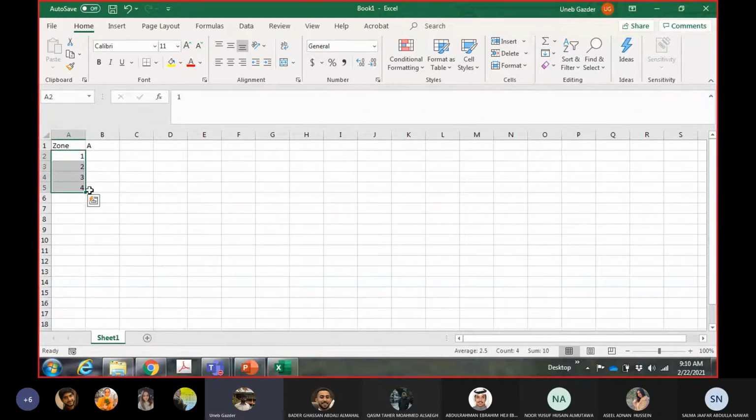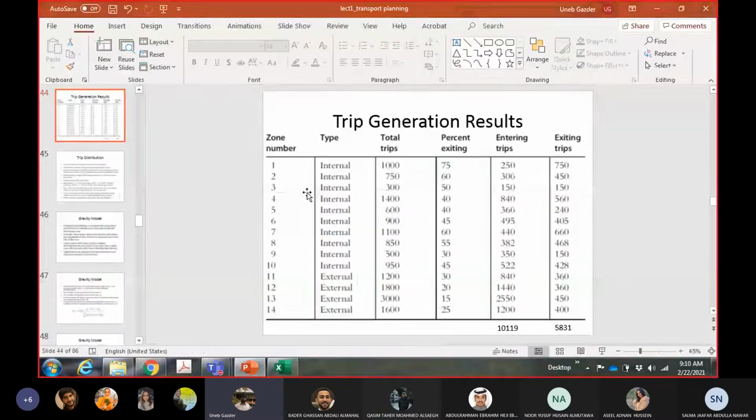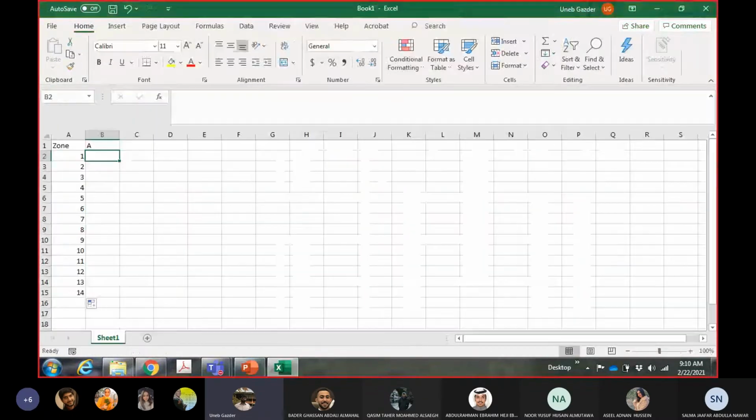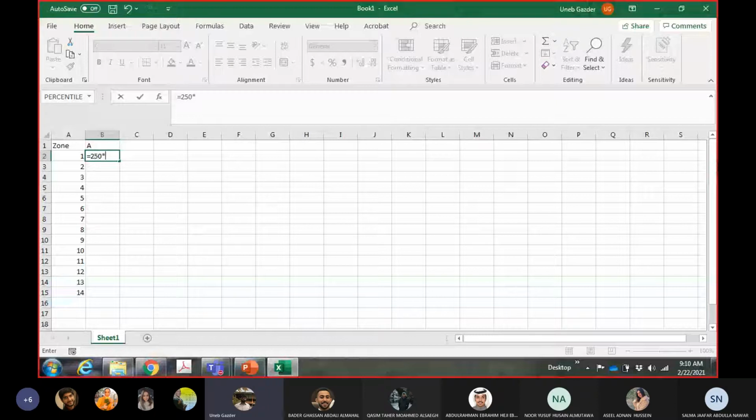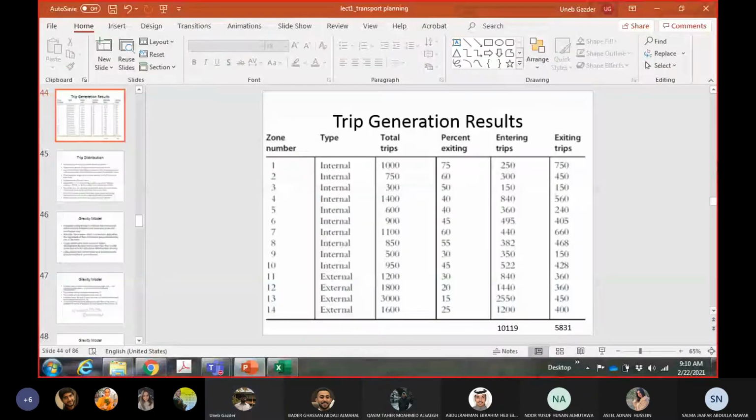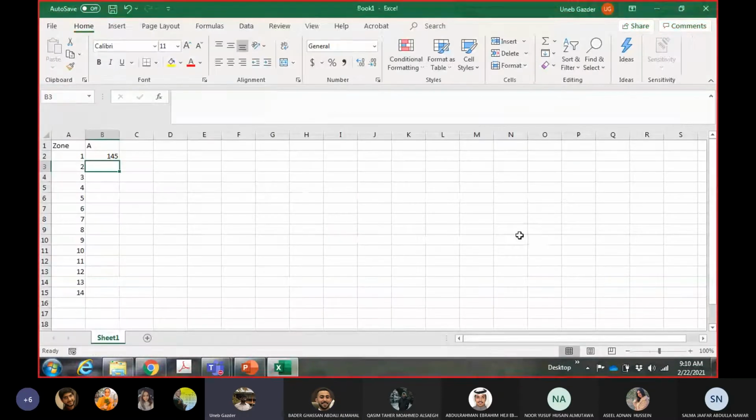It will go on to 14 zones, I think. The first one is 250, so it will be 250 into 0.58. It was 0.58, right, brother? Yes, doctor, yes. So all these trips should be adjusted using the same factor.